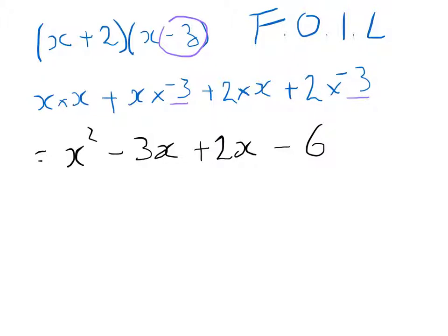Now, the last step is to put these together. Because they both have just one x, we can put them together. Negative 3 plus 2 gives negative 1, so we're left with x squared minus 1x minus 6. Of course, you don't actually have to write the 1 there, but you can if you choose.